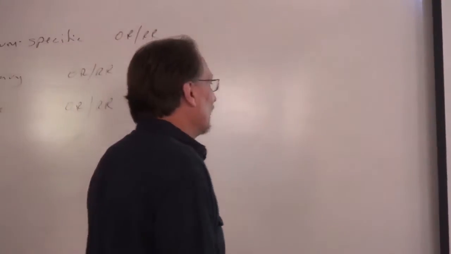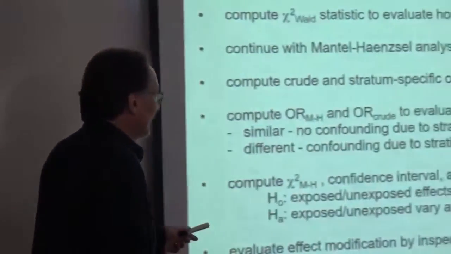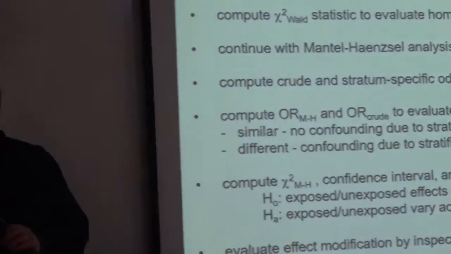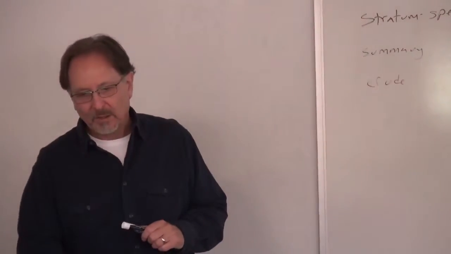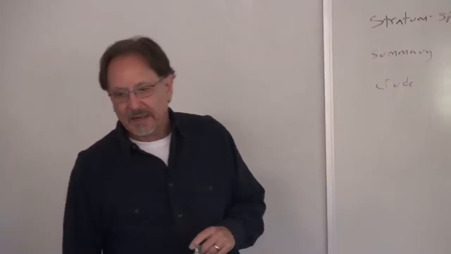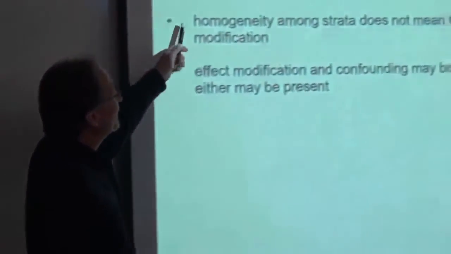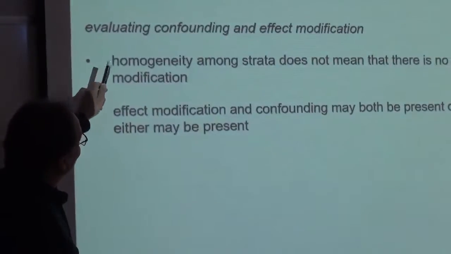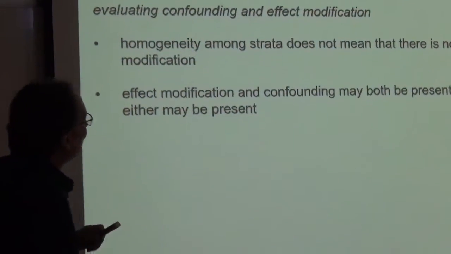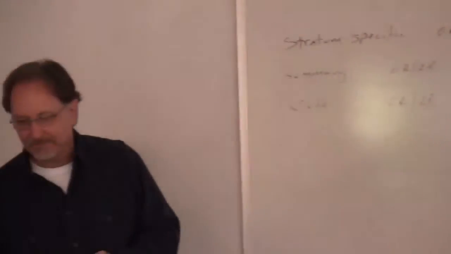Then we can evaluate effect quantification by looking at the stratum-specific odds ratios. Homogeneity among strata means there's no effect modification. Effect modification and confounding can be both, neither, or only one present.